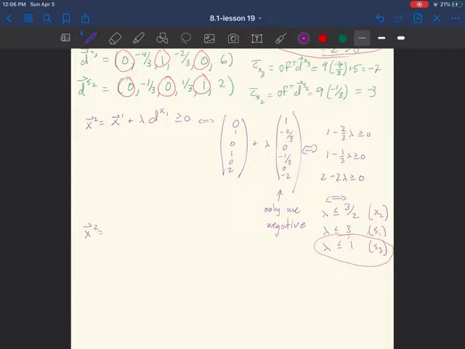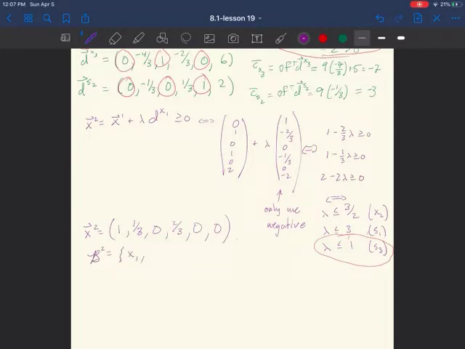So our new solution here, x2, equals, I'm going to add 1 for my step size. So it's going to be 1, 1/3, 0, 2/3, 0, 0. Okay.